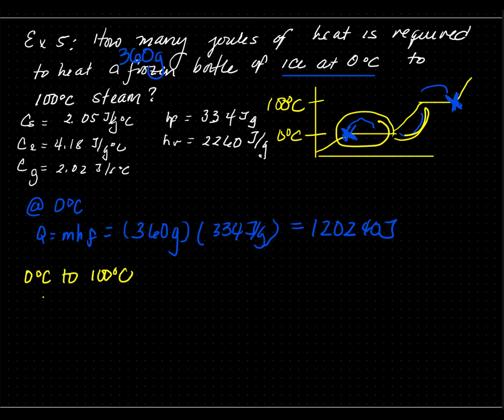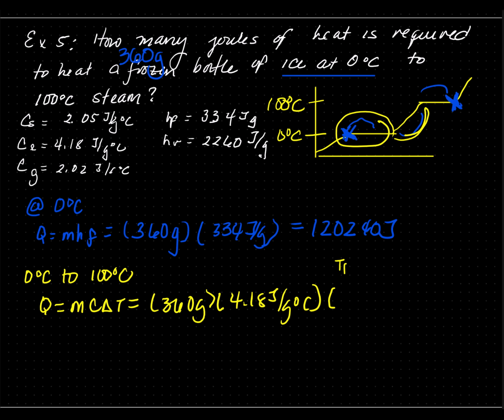Since there's a temperature change, this is going to be Q is equal to mC delta T. The mass stays the same at 360 grams. Since it's liquid, this is 4.18 joules per gram degrees Celsius. My final, always final minus initial, is 100 degrees Celsius minus 0 degrees Celsius. This is going to equal 150,480 joules.